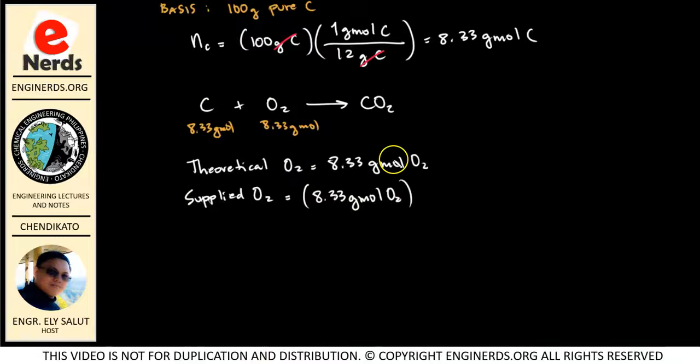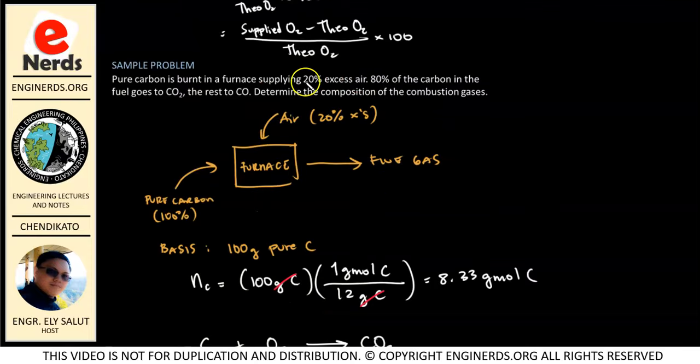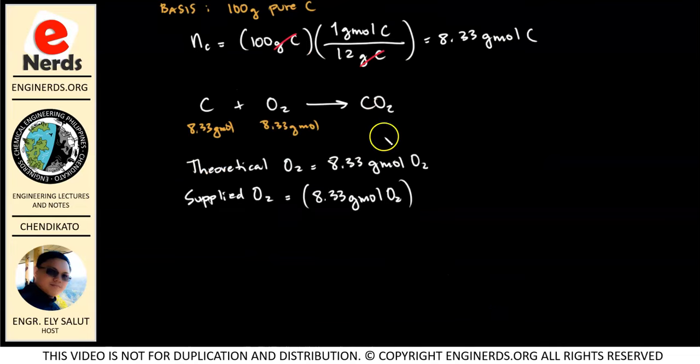Magsusupply tayo ng 20% more, di ba? 20% excess ng air. So, we will add 20% of 8.33. So, we have 0.2 of 8.33 gram mole ng O2.